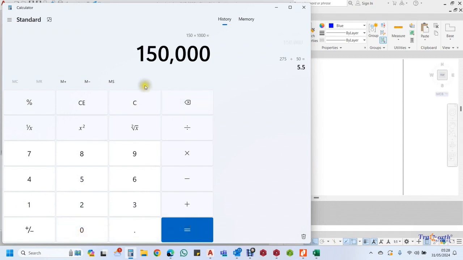This is the area of the section, which is 150,000 millimeters square. And what the code is saying is that it must not be less than 0.16% of this section. So whatever area you are having there, it cannot be less than this minimum.